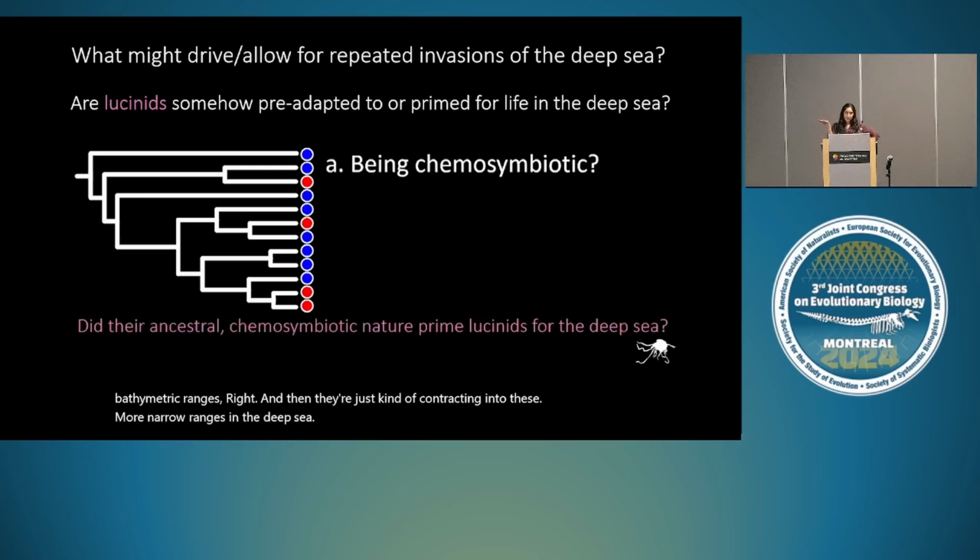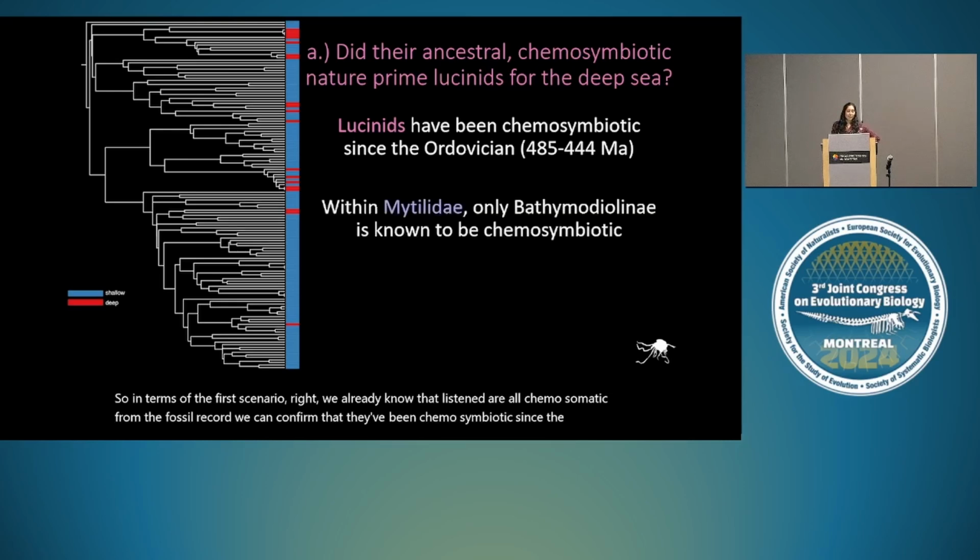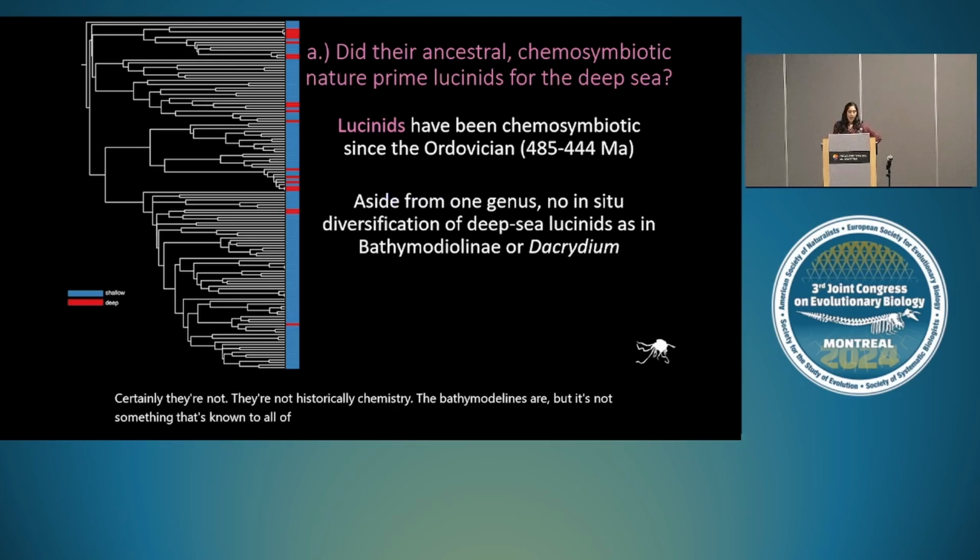So in terms of the first scenario, we already know that lucinids are all chemosymbiotic. From the fossil record, we can confirm that they've been chemosymbiotic since the Ordovician. Whereas, like I said, Mytilids are certainly not historically chemosymbiotic. The Bathymodiolins are, but it's not something that's known in all of them.